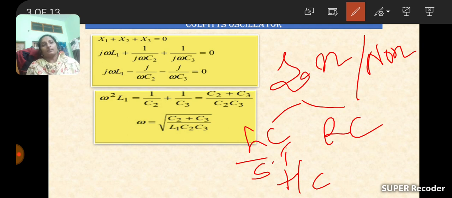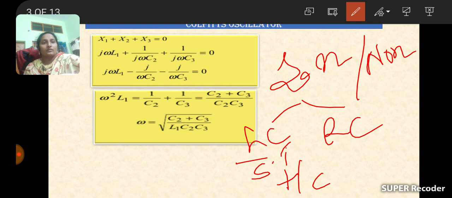Coming to the non-sinusoidal oscillators, Schmitt triggers, square wave generators and pulse generators all come into the non-sinusoidal group.